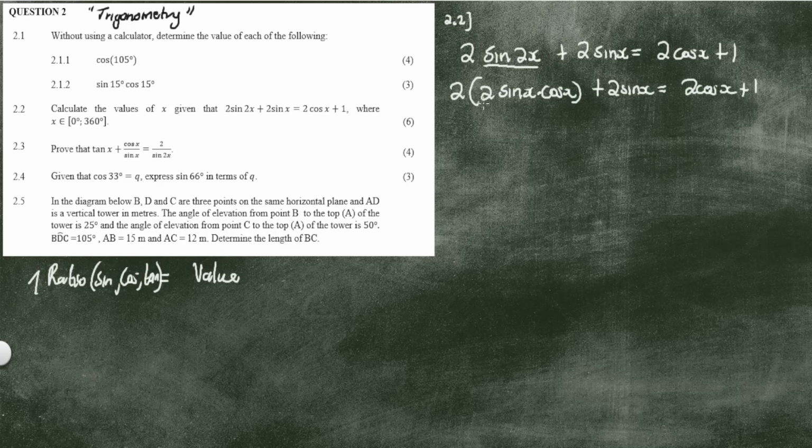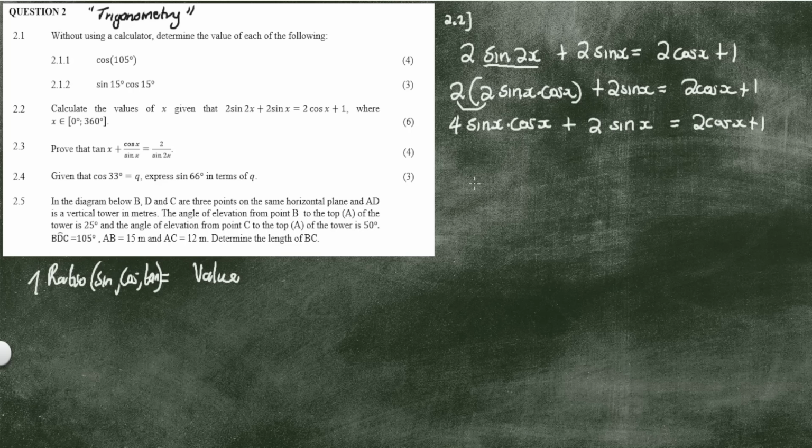Okay, plus 1. So this 2 times that 2 gives us 4 sine x multiplied by cos x plus 2 sine x equal to 2 cos x plus 1.